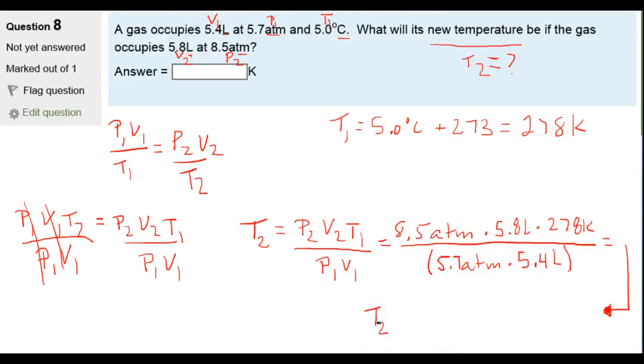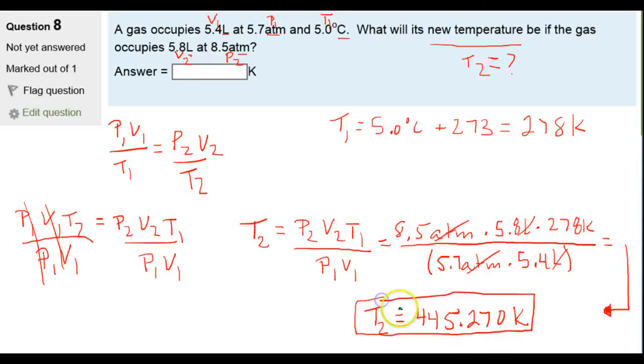So T2 is going to equal 445.270. Let's see what unit we need to attach. We got liters on top, liters on bottom, they'll cancel. ATM on top and bottom, they cancel, leaving us with K. So the new temperature of this gas will end up being this right here.